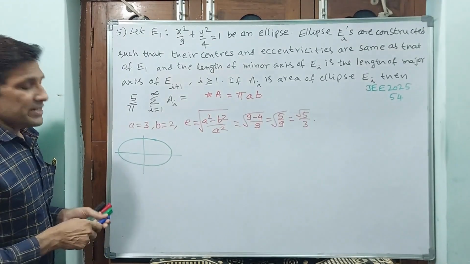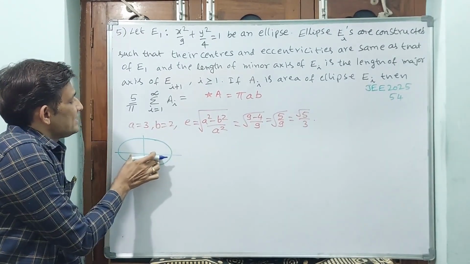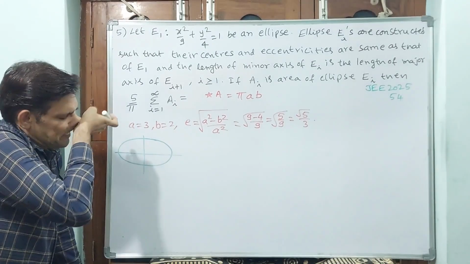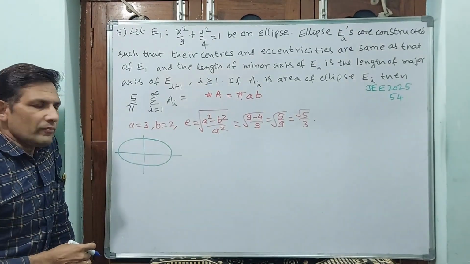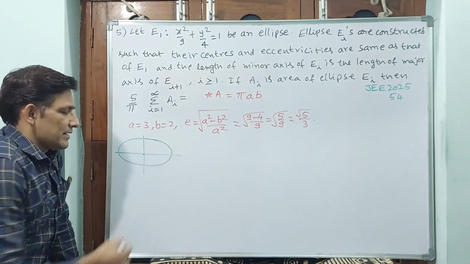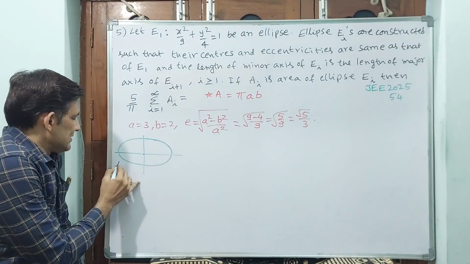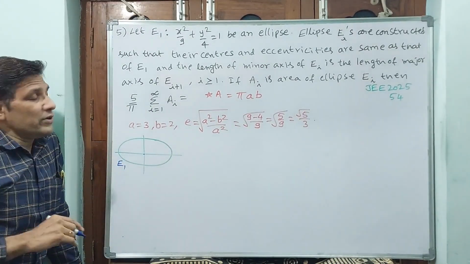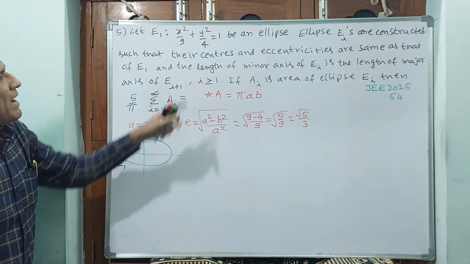Is this as per the detail? The length of major axis is 3, minor axis is 2. Now this is the center. This is first E1. Observe carefully what I am going to do. Now go back.